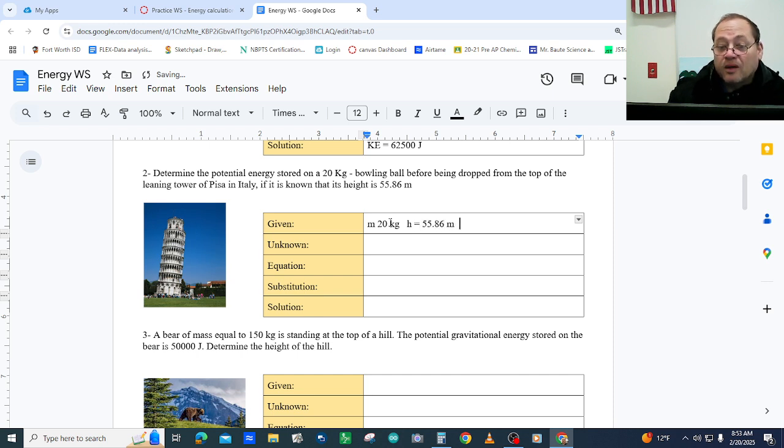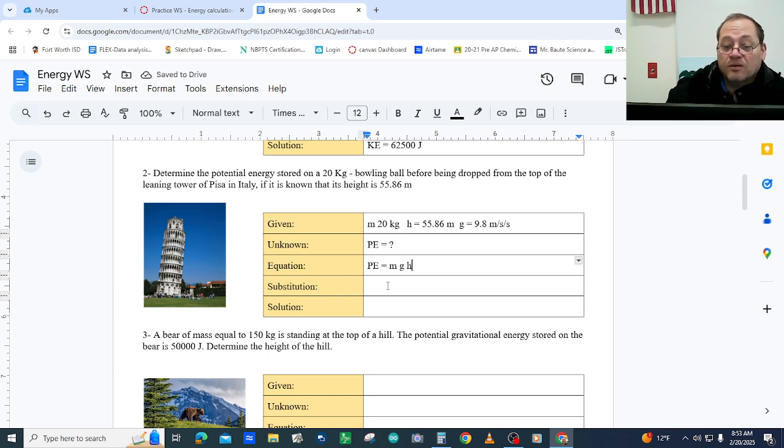meters. And the other thing that is given that we need, even though it's not written down there, but it's given because it's something that we should know about, is the acceleration of free fall, or G, which is meters per second squared, or meters per second per second. And we need to find the potential gravitational energy of the ball at the top of the Tower of Pisa. The equation for potential energy is mass times gravity times height.